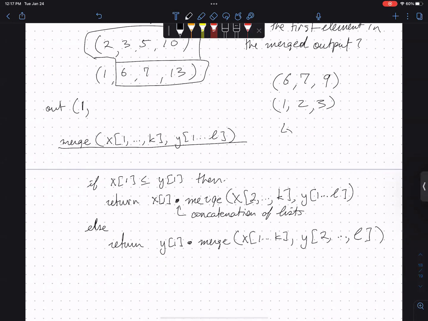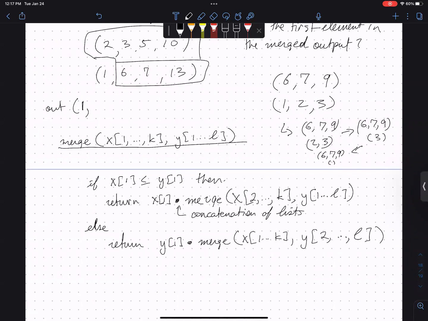Then you get rid of the 1, so you have 6, 7, 9 and 2, 3. Then you get rid of the 2 because 2 is smaller than 6. 6, 7, 9, 3. And finally, you get rid of the 3. So you have 6, 7, 9, and an empty array.